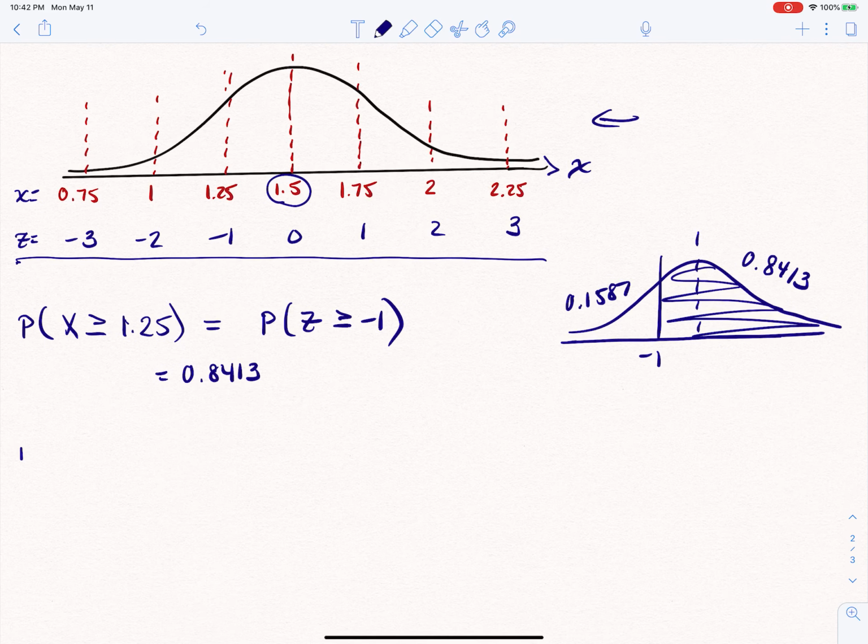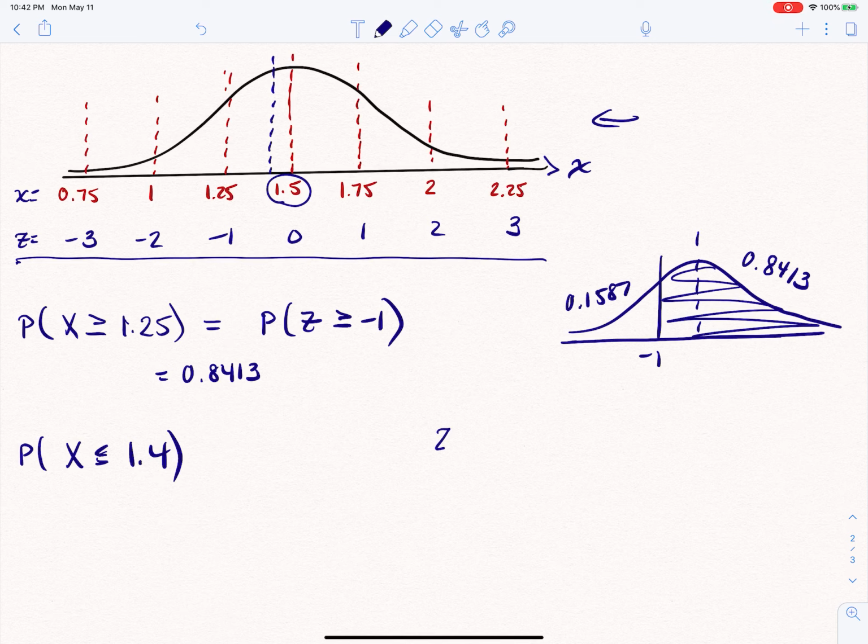Now let's try to find the probability involving a different value. Let's say it's one that's not a whole number of standard deviations. Let's say 1.4. So that means that we're right about here. So the question is, what is the z-score, which again means what is the number of standard deviations from the mean this is.